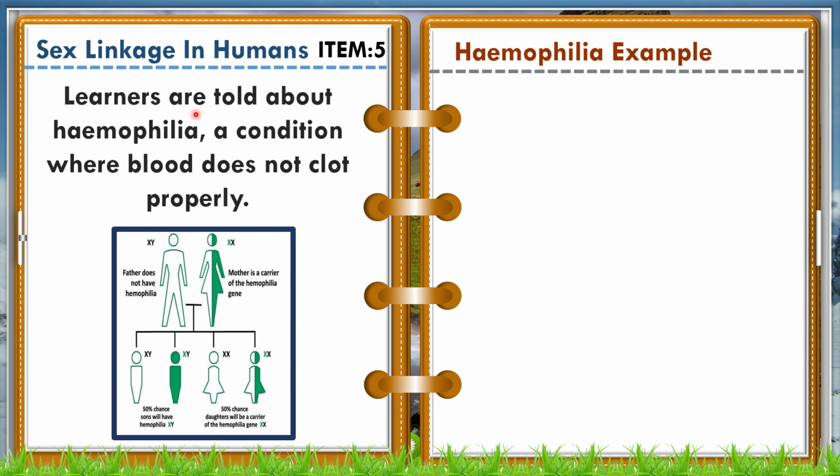Learners are told about hemophilia, a condition where blood does not clot properly. We have our diagram here, which is going to explain hemophilia. We shall come back to that.